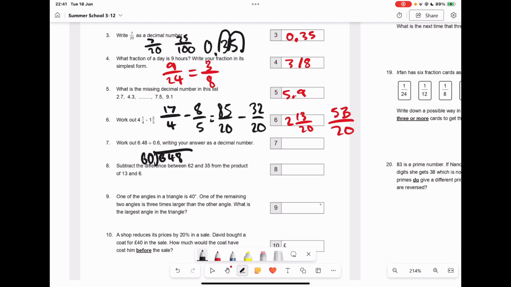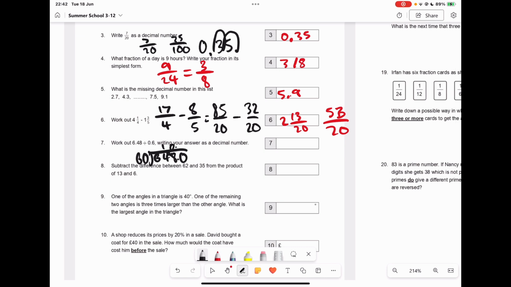Okay, so now what you can do is, you have 1 here for that, 0, and what we're looking at will be 0 here, and then how many 60s in 480, and this will have a decimal here. Well, we know that 8 60s go into 480, so the answer will be 10.8.